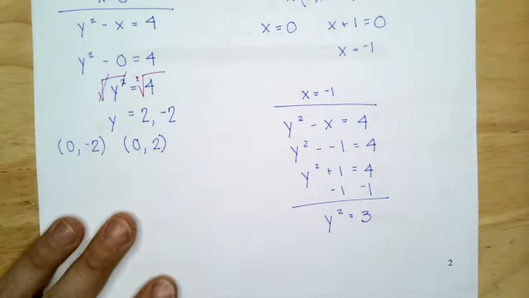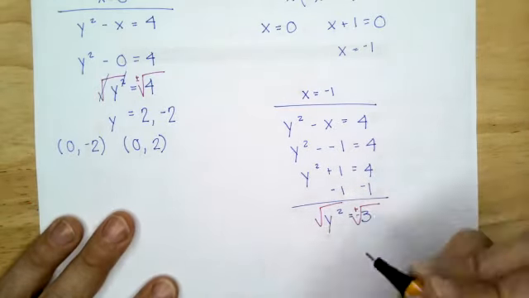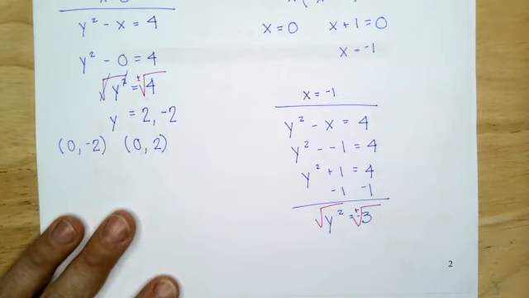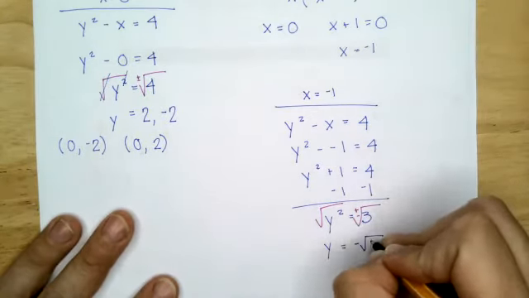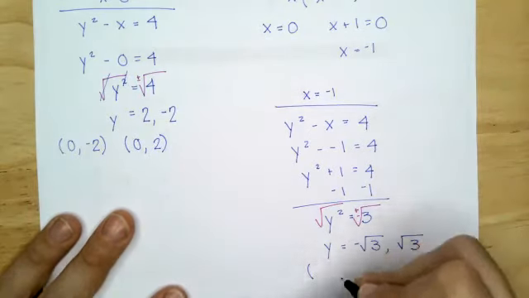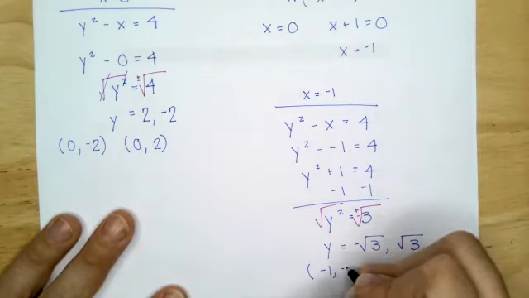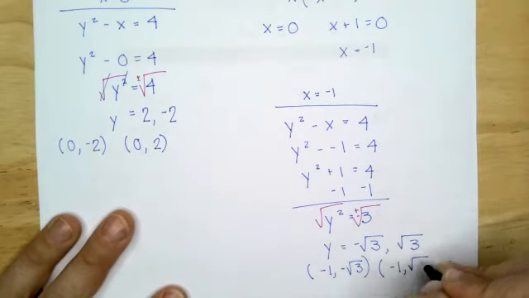Doing the same thing as I did up here, take the square root, take the square root. When you're taking the square root, you have to include a negative and a positive. So y is negative square root of 3 and positive square root of 3. So that's going to be -1, negative square root of 3, and -1 square root of 3.